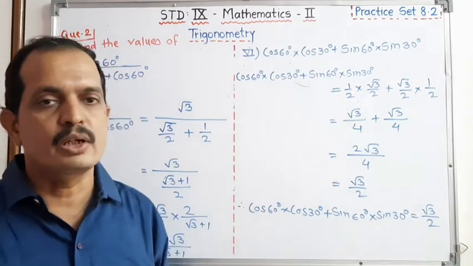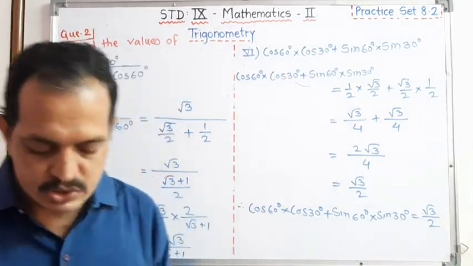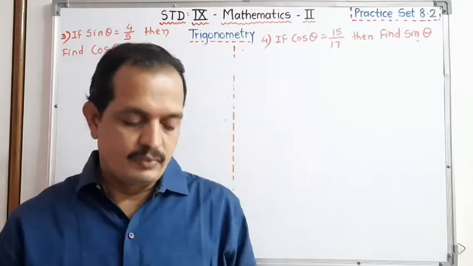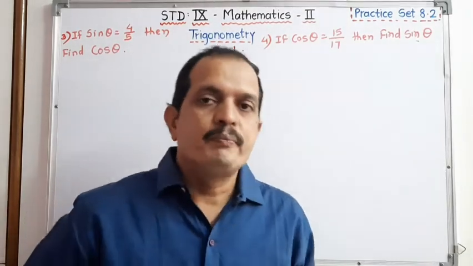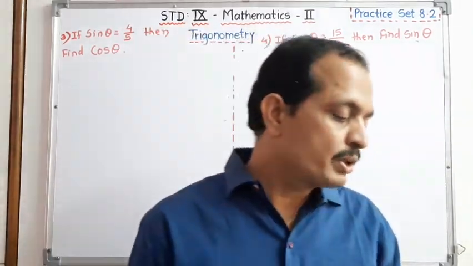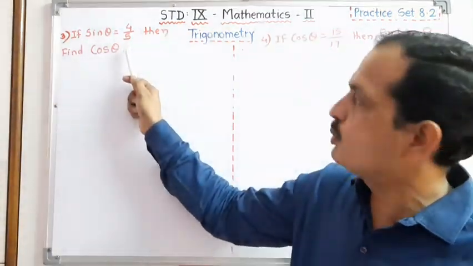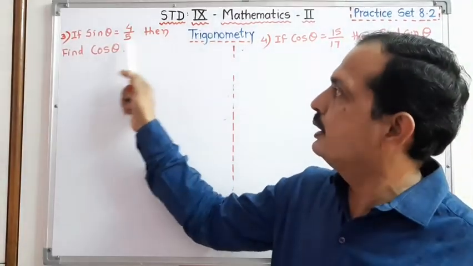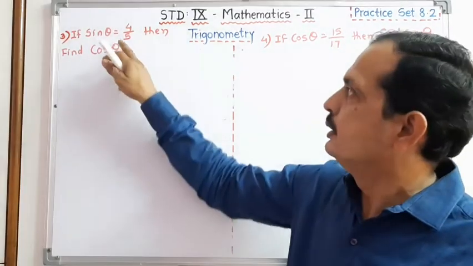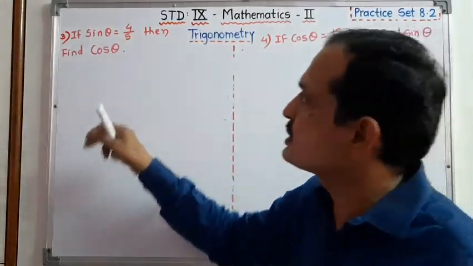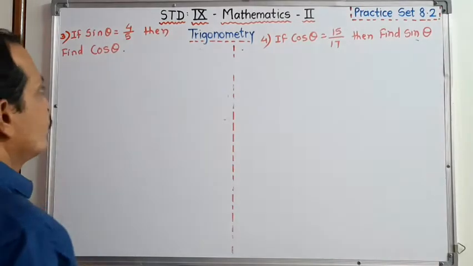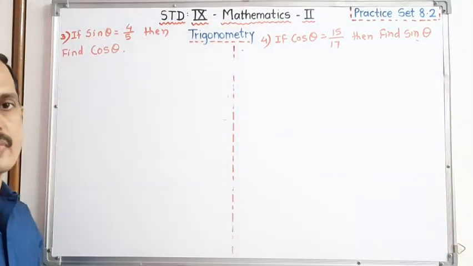Now we have to start with the last question, that is question number 3rd and 4th. Dear student, let's solve the question number 3rd one. If sin theta is equal to 4 upon 5, then find cos theta. That means the value of sin theta is given and we have to find out cos theta.